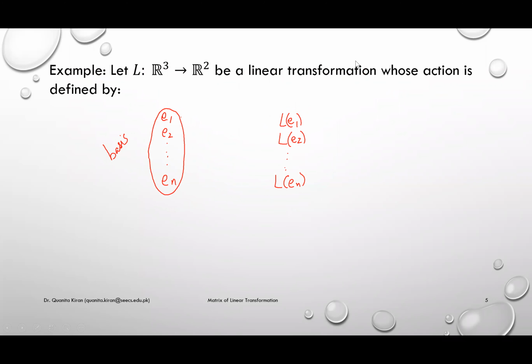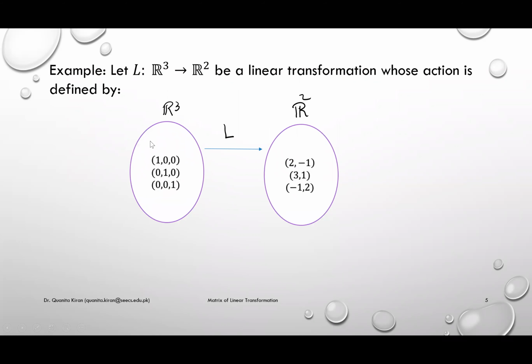Now let's have an example. Let L be a linear transformation from R3 to R2 whose action is defined on the basis vectors of R3. It maps this basis vector onto this vector, and so on.